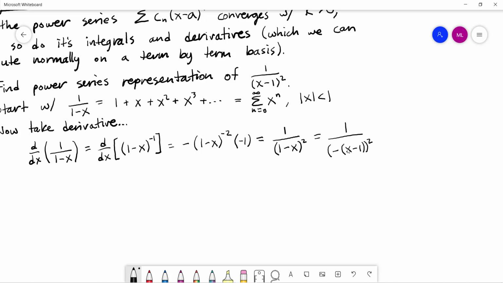I've forced a negative 1 sign out of this, but because we're squaring it, it doesn't make any difference. When I apply this square, this is the same as having the negative 1 squared and the (x minus 1) squared, but this is just going to be 1, and we wind up with 1 over (x minus 1) quantity squared. So basically, I'm saying that this is the same thing as this, and I just showed how you can factor out that negative 1 to show that they're equivalent, but these two things are the exact same thing.